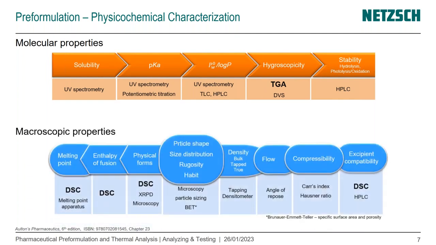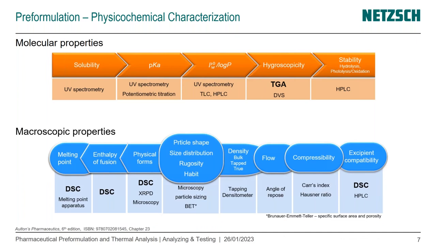About the macroscopic properties, the melting point, enthalpy of fusion, and physical forms that are completely related to each other can be defined and characterized by DSC. But we also have to define particle shape, size distribution, rugosity, and habit of these shapes.